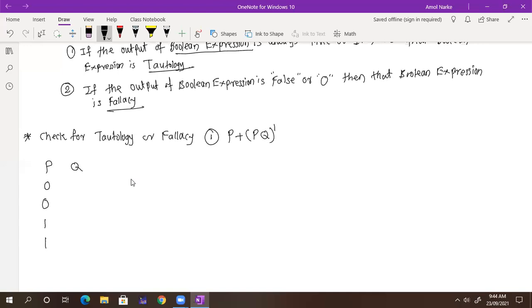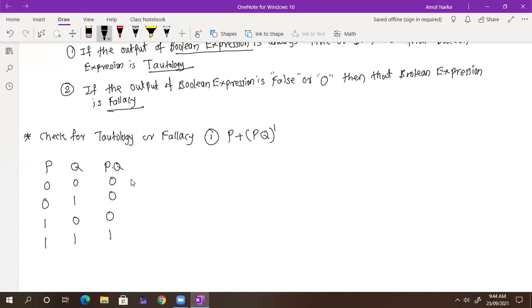And then I write down Q as 0, 1, 0, 1. So we need to calculate first P dot Q. What is P dot Q? 0, 0, 0, 1.